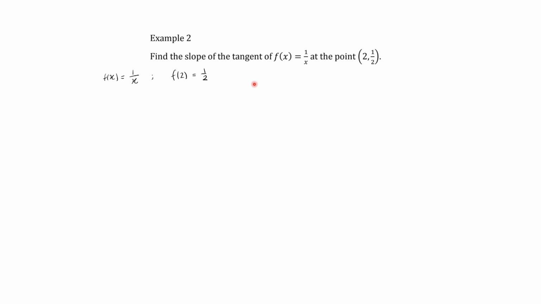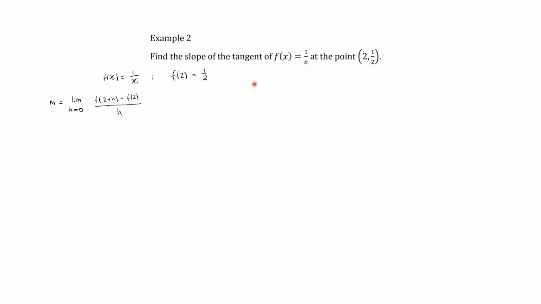So again, let's rewrite our first principles formula. We are looking for the slope of the tangent at that point, and that's going to be equal to the limit as h approaches 0 of f of a plus h. A in this case is equal to 2, so 2 plus h minus f of 2 all over h.